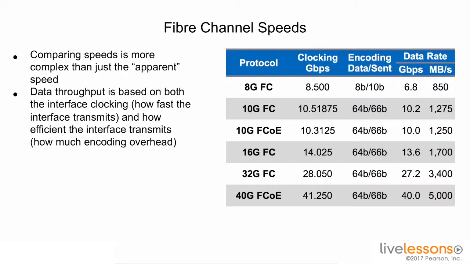In this lesson, we're going to take a look at the different types of connectivity devices use to connect to the SAN. Traditionally, devices would connect to the fiber channel switched fabric at different speeds, and these speeds are a little bit different than what you see in your Ethernet network.